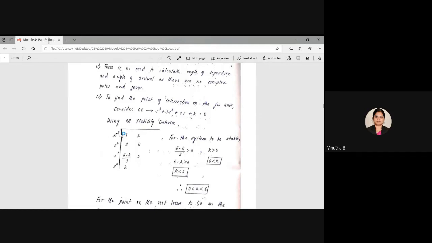So you know that starting from the maximum power, write down s cube, s square, s power 1, s power 0, and then write down the values alternately: the coefficients of odd powers you write here, 1 and 2, and the coefficients of even powers in the next row, 3, and this is the value k. Then find out using the formula: 3 into 2, which gives you 6, minus k into 1, which is k, divided by 3.